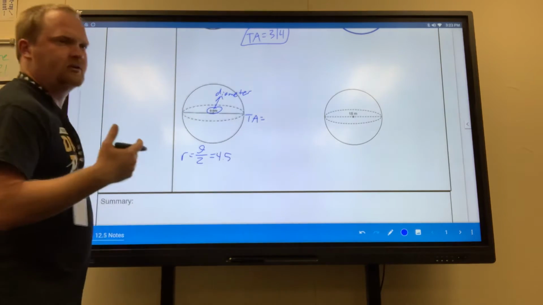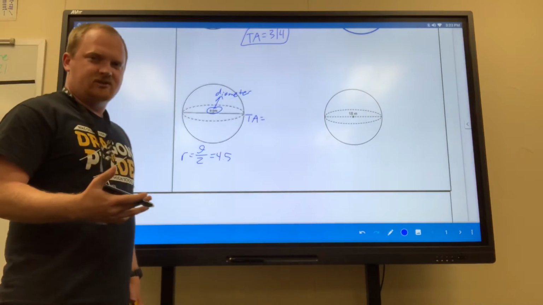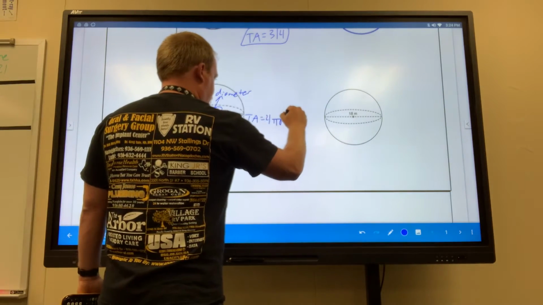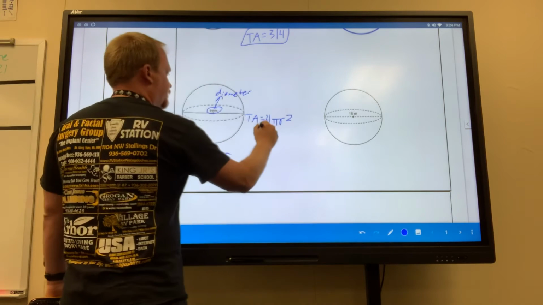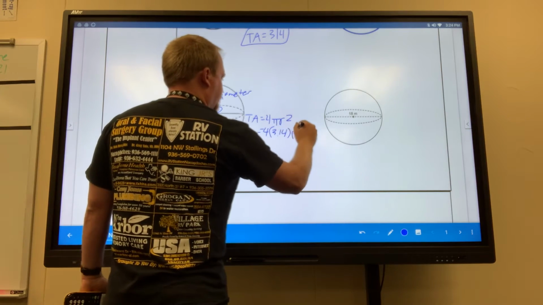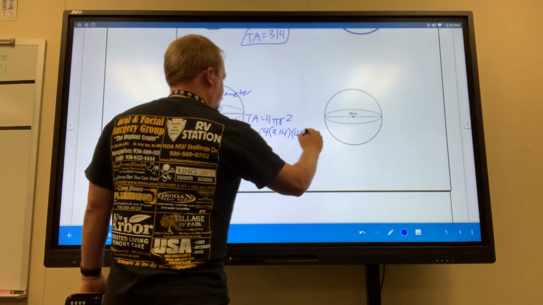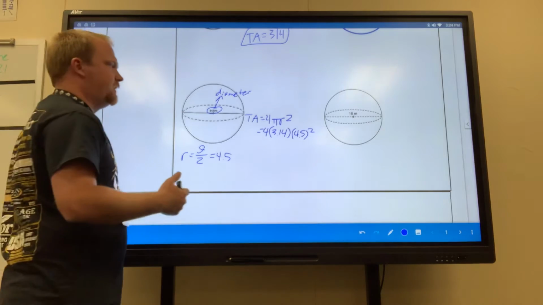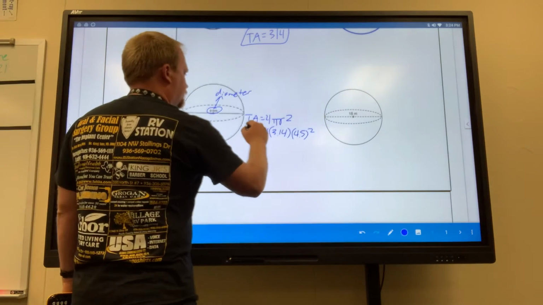So remember, the formula doesn't change. It's still 4 pi r squared, which means I'm doing 4 times 3.14 times 4.5 squared. All right, that's how we're going to be able to find it.